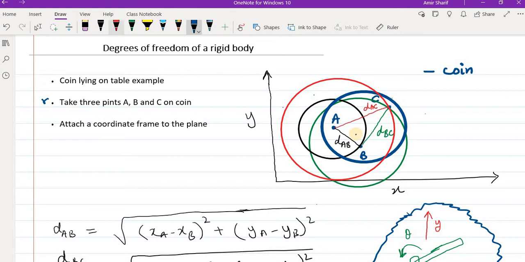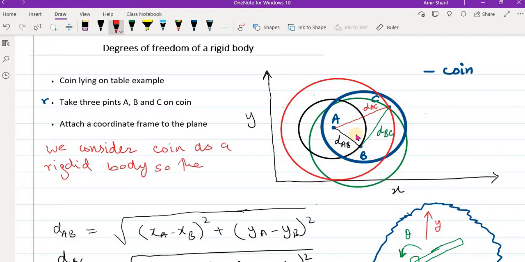That's also important to mention: we consider the coin as a rigid body, so the distance between points is constant.